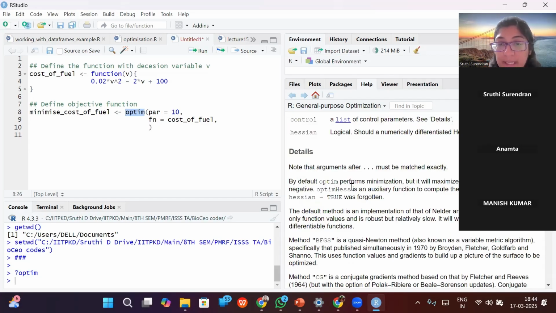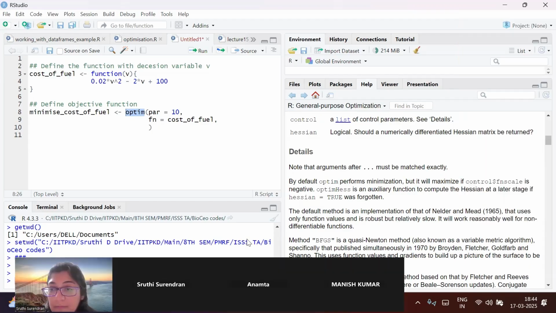But by default, optim is performing minimization, and the default method is the method of Nelder and Mead, which uses only function values and is robust but slow. So you can't apply any constraint with this method.